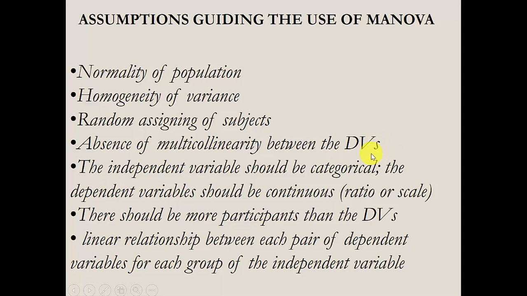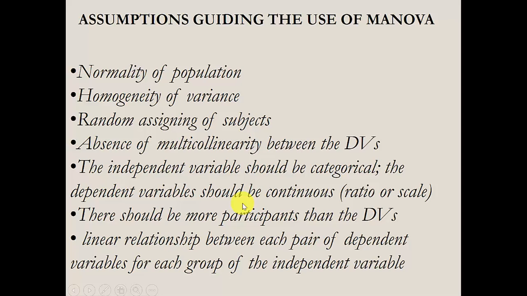And the next assumption is that the independent variable should be categorical. By categorical, for example, sex, that's gender. Categorical is just divided simply into categories, either male or female, or you have the school type where you have the private or the public.